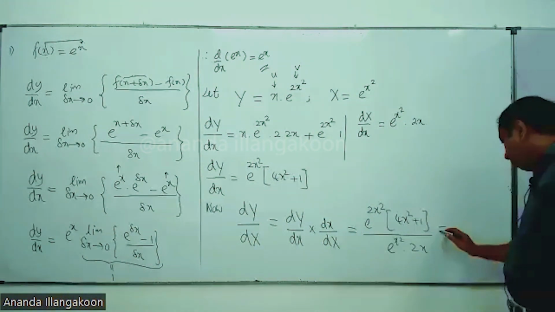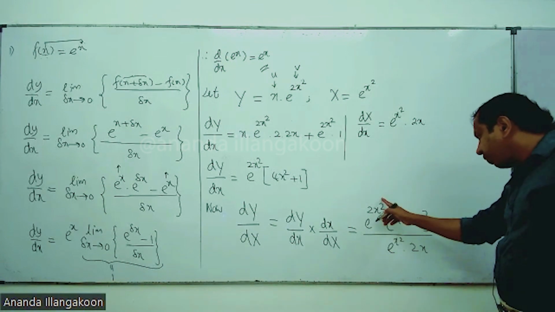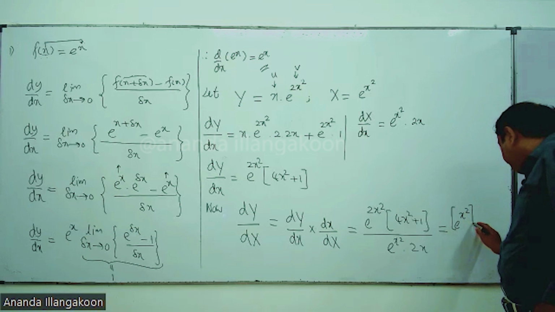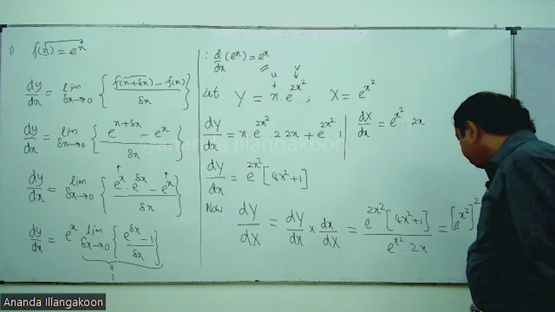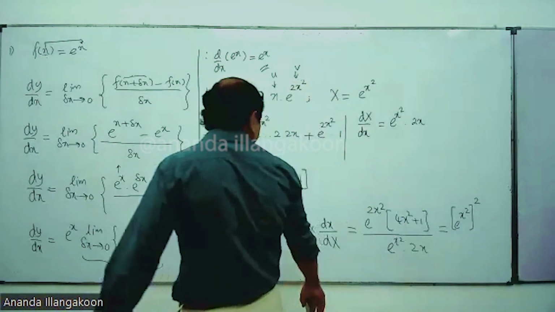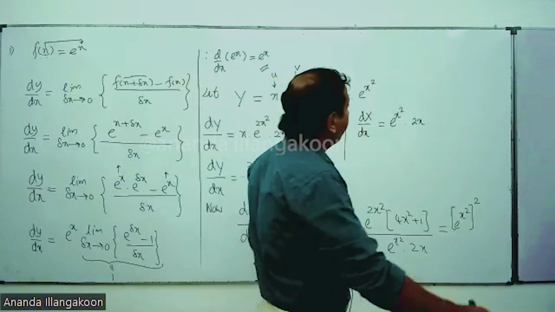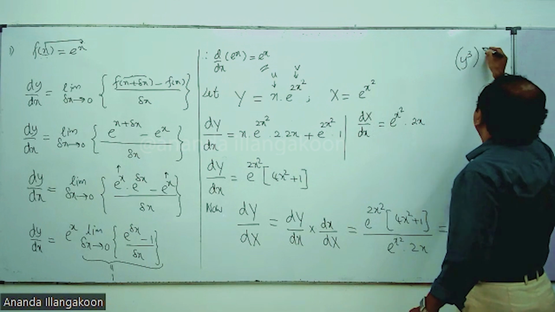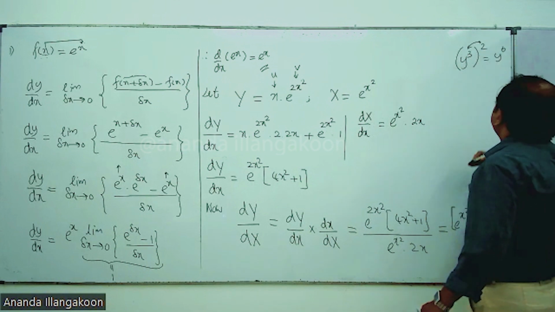But even now here, this e to the power 2x squared you can write like this, no? e to the x squared to the power 2. You see, can I write that? That's possible. The reason, you know, when we simplify something like y cube to the power 2, these two powers we have to multiply to simplify this.